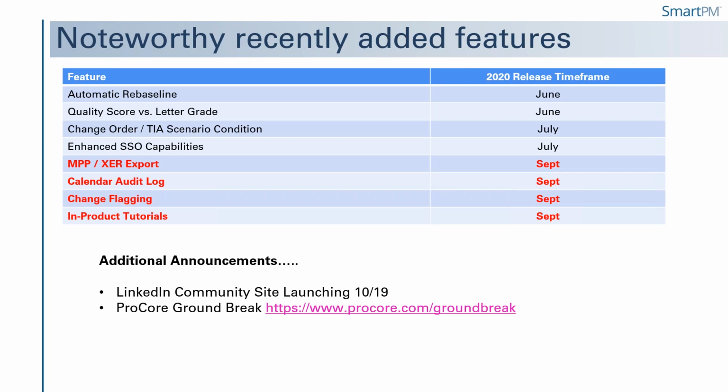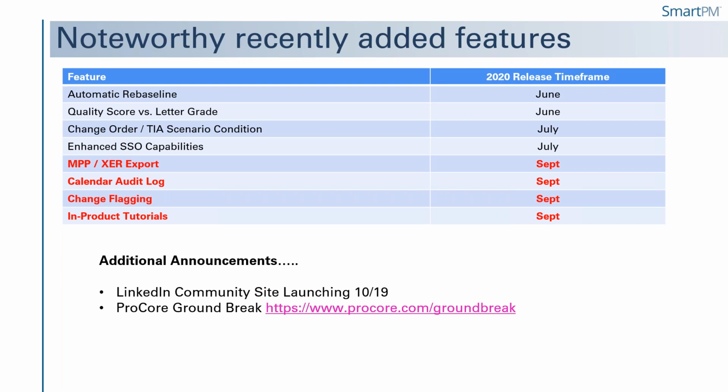I think our prior Lunch and Learn covered these capabilities, and so if you are interested in any of those, that video should be posted on our YouTube page. So the rebaseline is a very popular one.